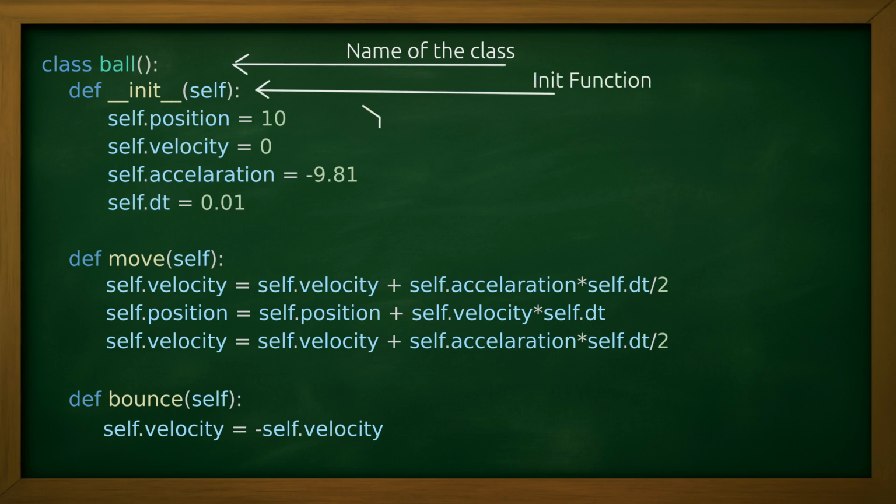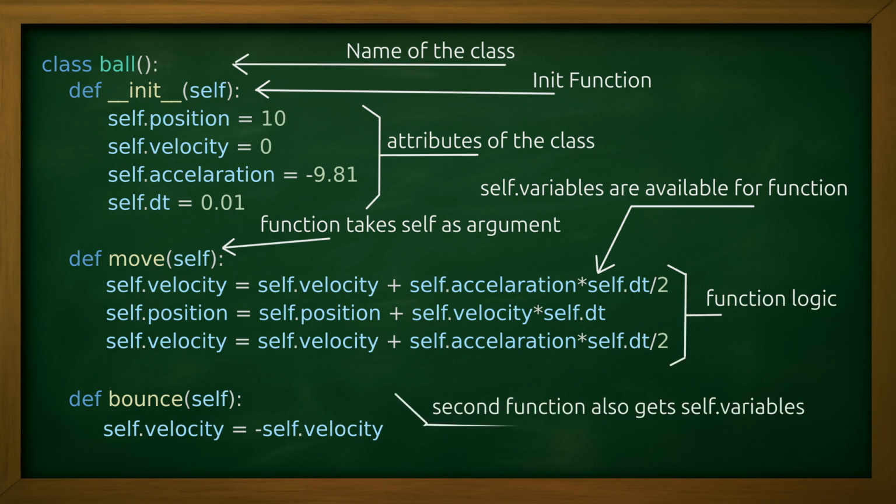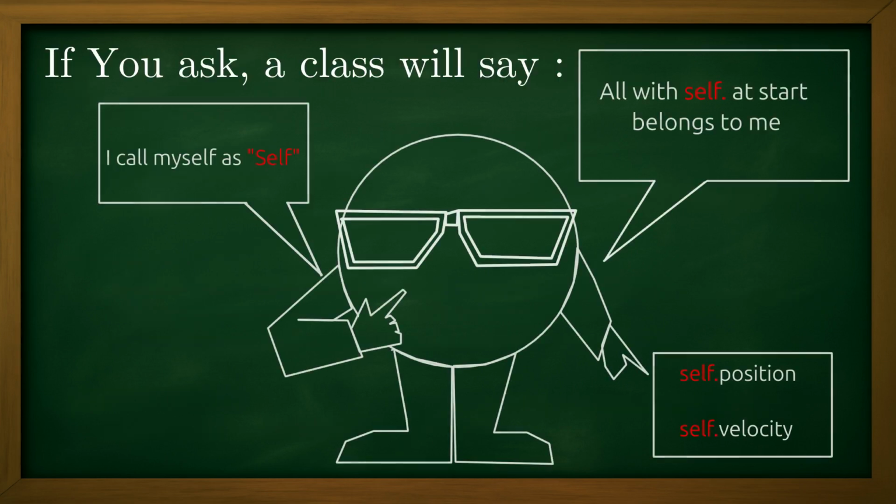Inside, we use a special method called init to initialize the object's attributes. Methods inside the class use the self keyword to access or modify the object's data. The parameter self is used to refer to the instance of the class itself.